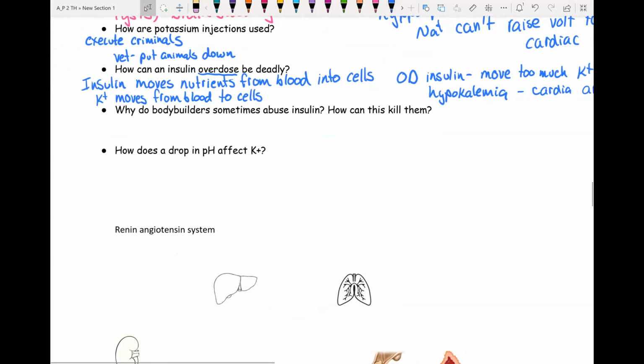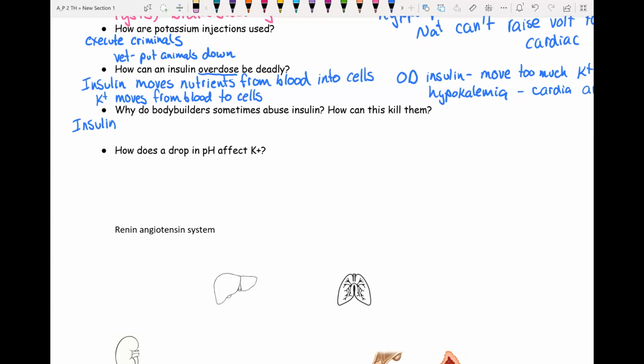Okay, bodybuilders have to be careful of this. Remember, insulin moves all of the nutrients from your blood into your cells. And if you remember back to chapter 17, one of the things insulin does is it moves amino acids into your muscles and stimulates protein anabolism. So insulin makes your muscles bigger.